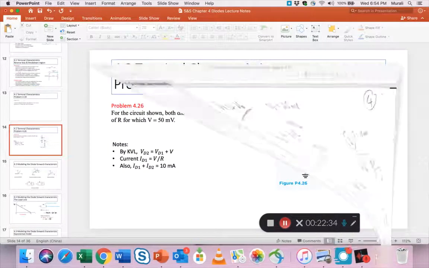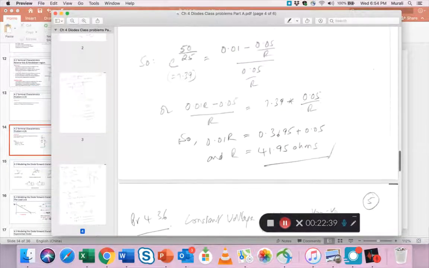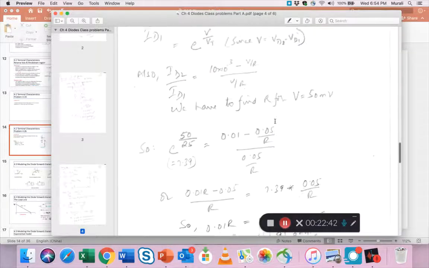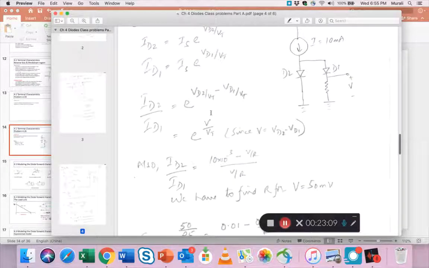And to be able to find the resistance, we want to use that equation we just came up with, that the current here equals V divided by R. Resistance equals V by I or current equals V by R. Either way, you can use that equation to solve. So I'm writing two equations, one for diode 2 and one for diode 1, and then there is a ratio that we just saw previously.